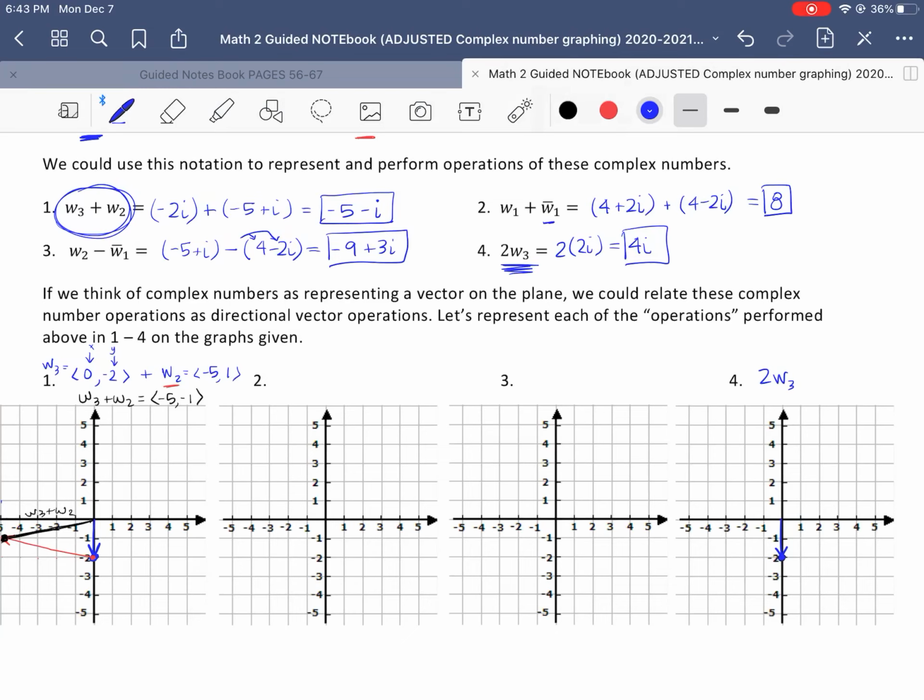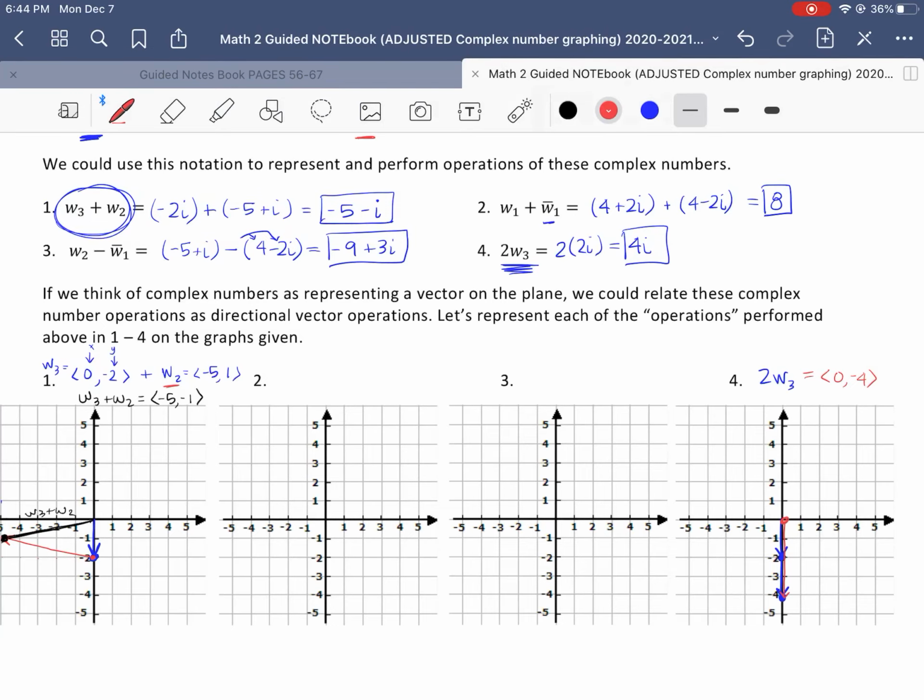We just put another one on there. So this multiplied by 2 means it goes down two from there. Now that means our stopping point is right there at negative 4. So if we were writing the vector from here to this stopping point for 2 W sub 3, that would be 0 left and right, and down 4.